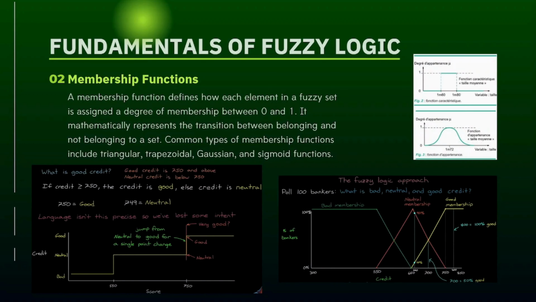But as you can see on your right, there is the fuzzy logic approach, which says that we take, for example, a set of experts in the field. For example, here with credit cards, we're gonna take bankers. The example says that we take 100 bankers, and we ask them what is good for you as an expert, not purely subjective.